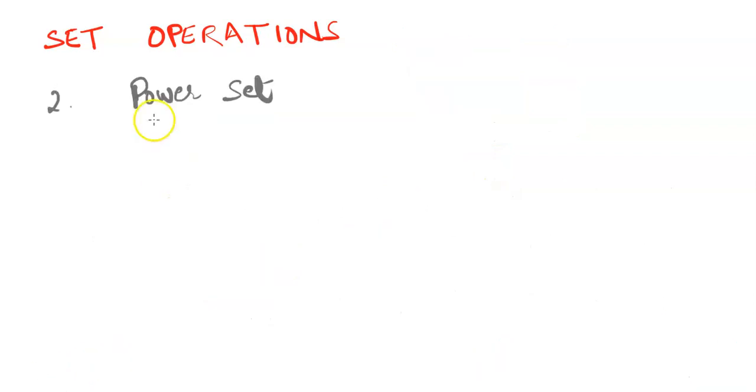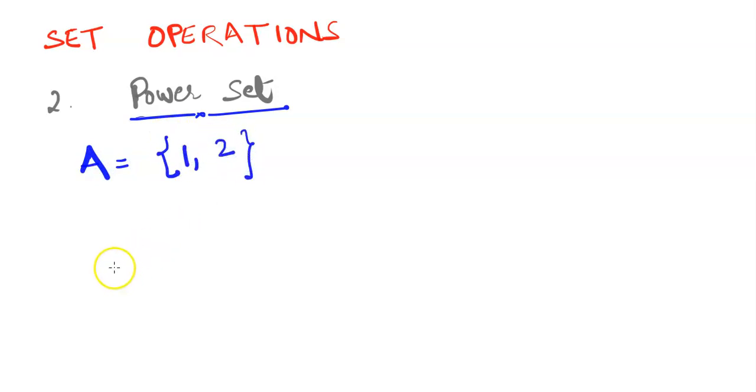Now let's see another concept, which is the power set. There is a set A with just two elements, 1 and 2. So what are the subsets of A? If you want to write all the subsets of A, what are they?